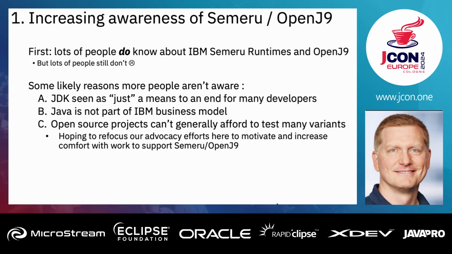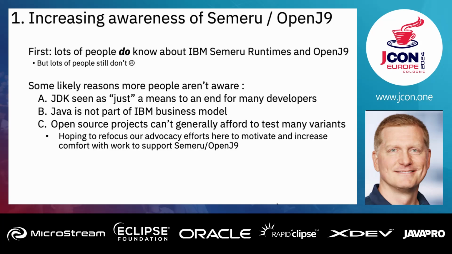And then finally, I think one of the other ones here is that open source projects, which are obviously the sort of hopeful first adopters of some of the technology, just don't have the resources to be able to test many variants and to be able to commit to supporting something that not everyone's going to be using, and they can't afford to be able to solve problems on OpenJ9.